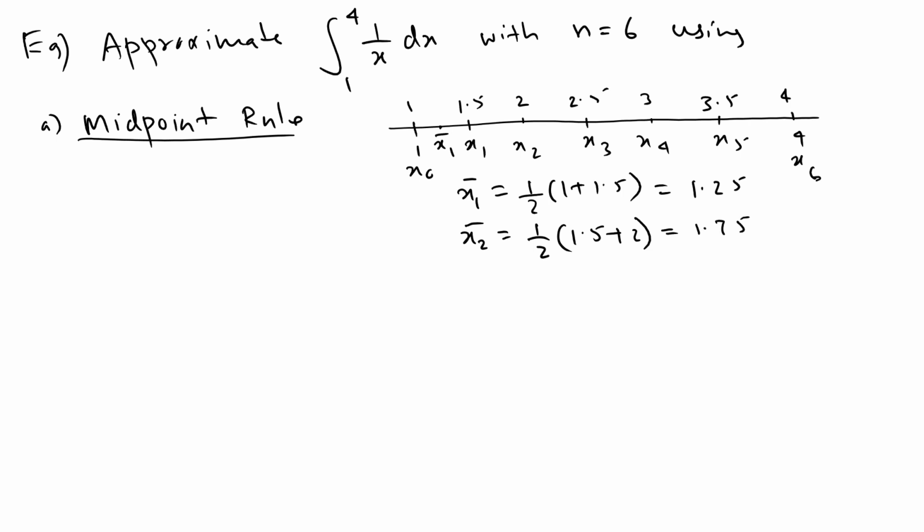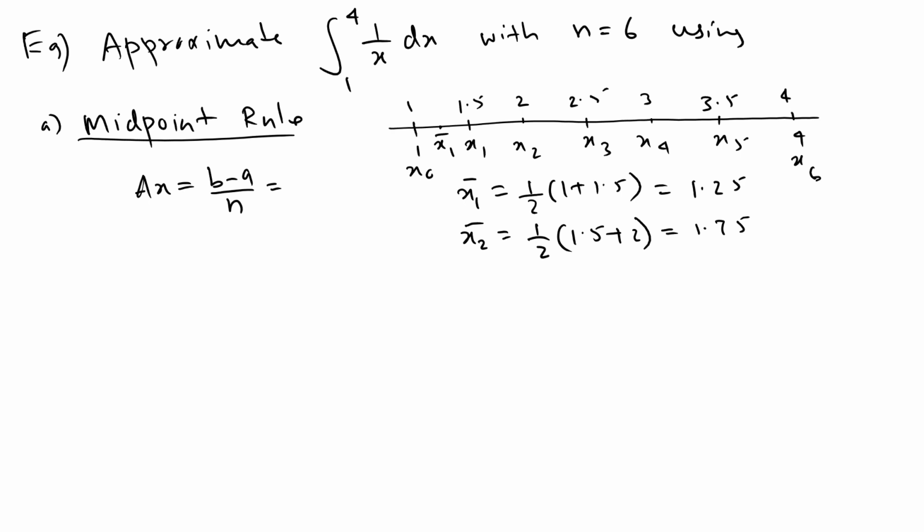So you can calculate all the nodes that way. And the gap: we should have calculated that first. Delta x is b minus a over n.